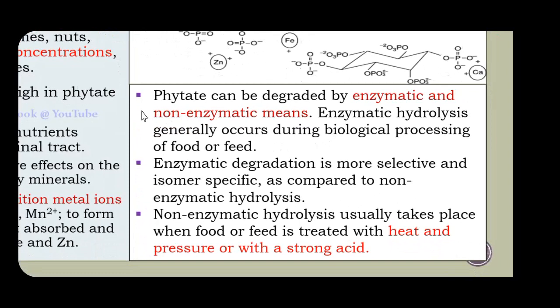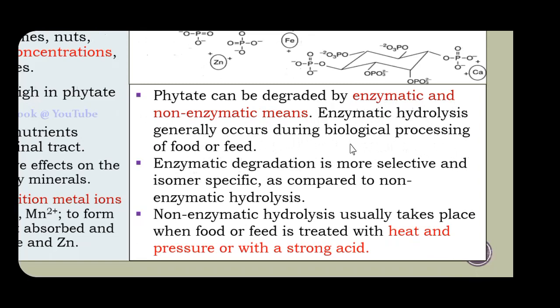Now further, how can this particular phytate be degraded? It can be degraded by enzymatic or non-enzymatic means. Enzymatic is nothing but hydrolysis, which generally occurs during biological processing of food or feed.